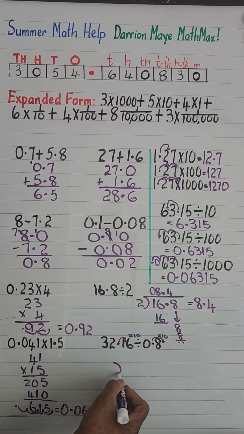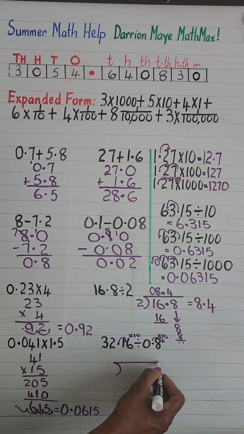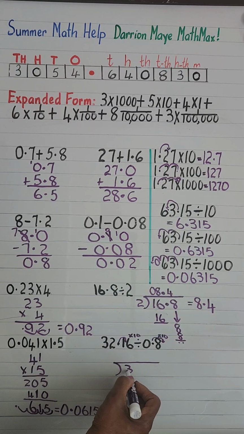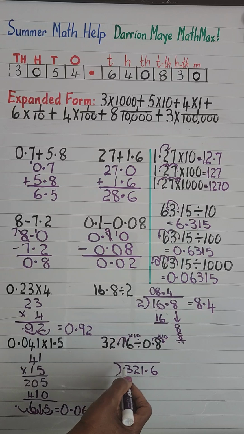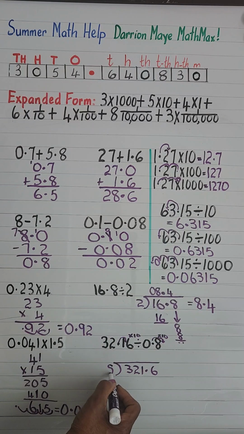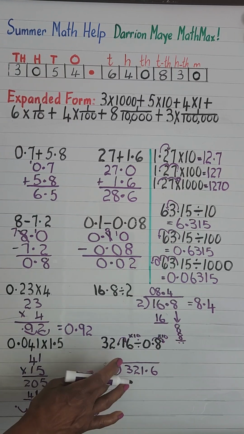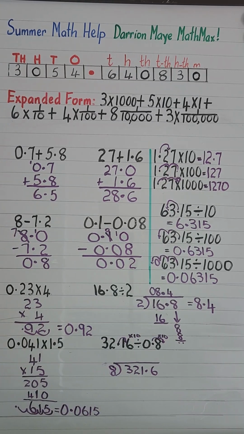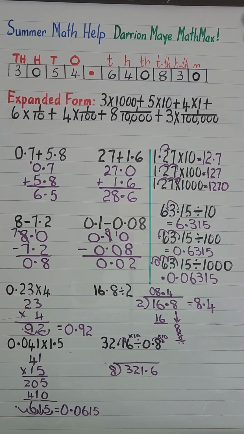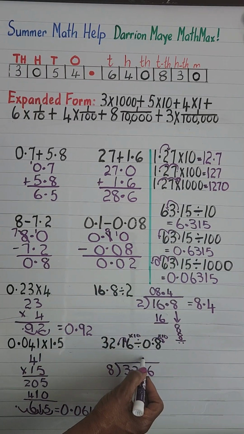So now we have 321.6 divided by 8. So first, let's line up the point in the answer.